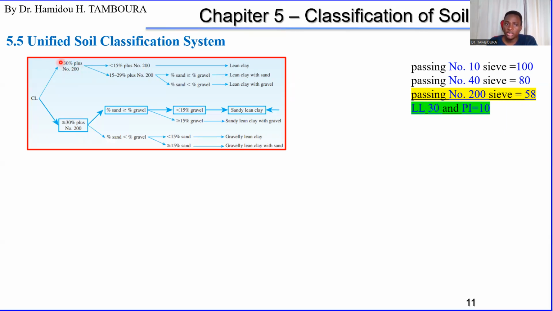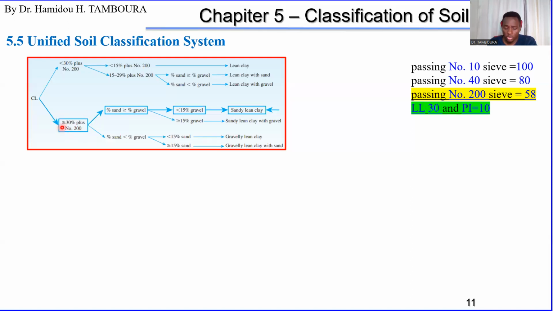Here is when the percentage is less than 30%, which is not our case. Here is our case: the percentage passing sieve number 200 is 30% or more. In our case, it's 58%, so it's more than 30%.